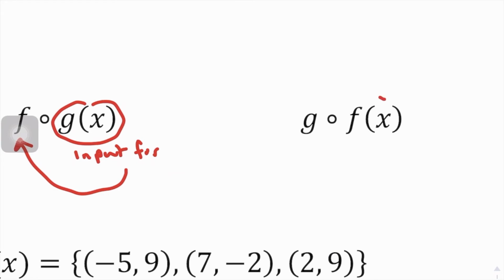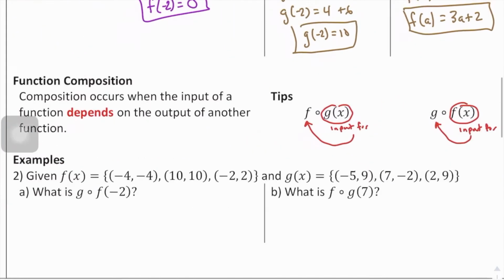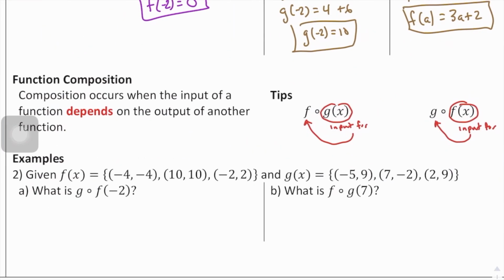The f of x is the input for the g function. When you evaluate composition, you want to work from the inside out. Just like in the order of operations, if you have a set of parentheses, you want to work with the inside function first and then work your way out.